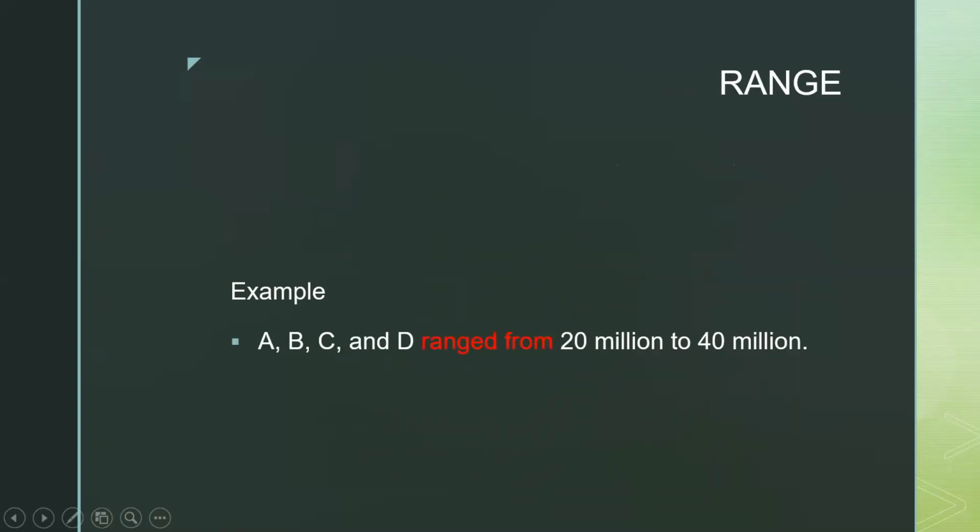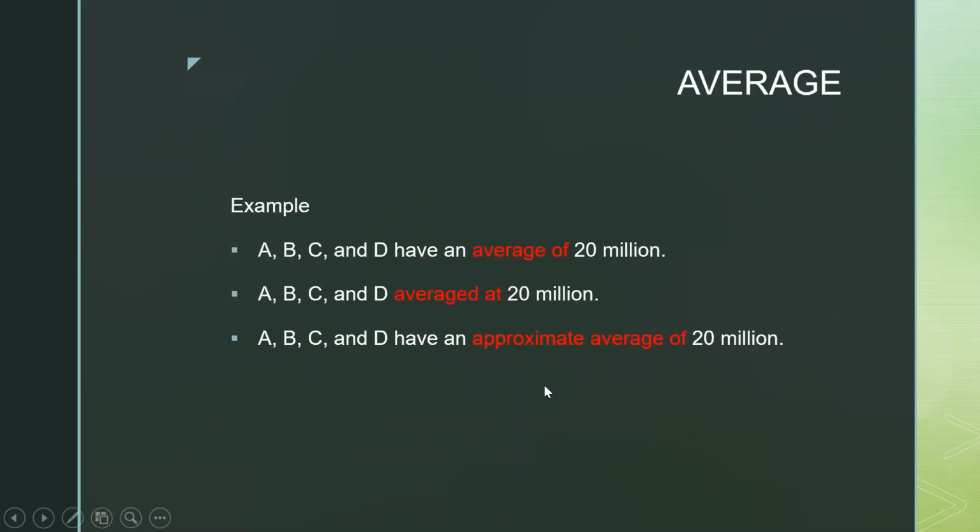You can also use a range. This is one way for you to cluster, especially if you have many figures. For example, A, B, C, and D ranged from 20 million to 40 million. No need for you to describe the figures for A, B, C, and D; you just have to use a range so that you have only two figures. Average can also be a possible approach.